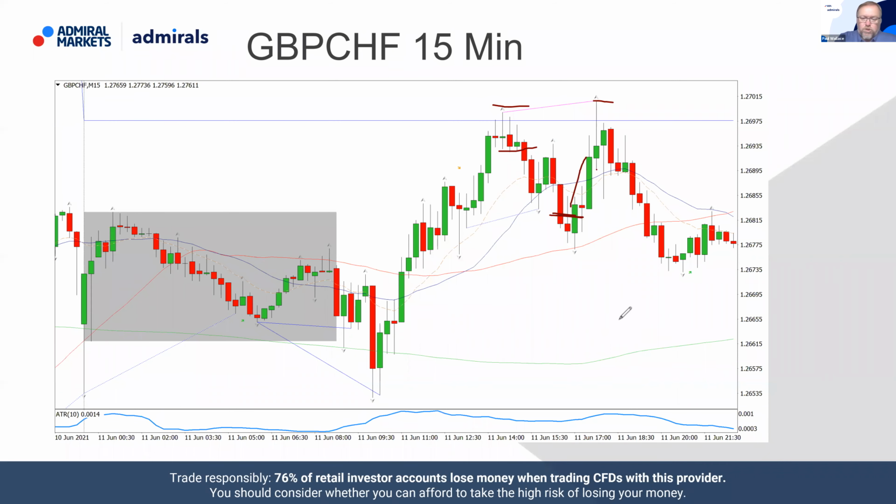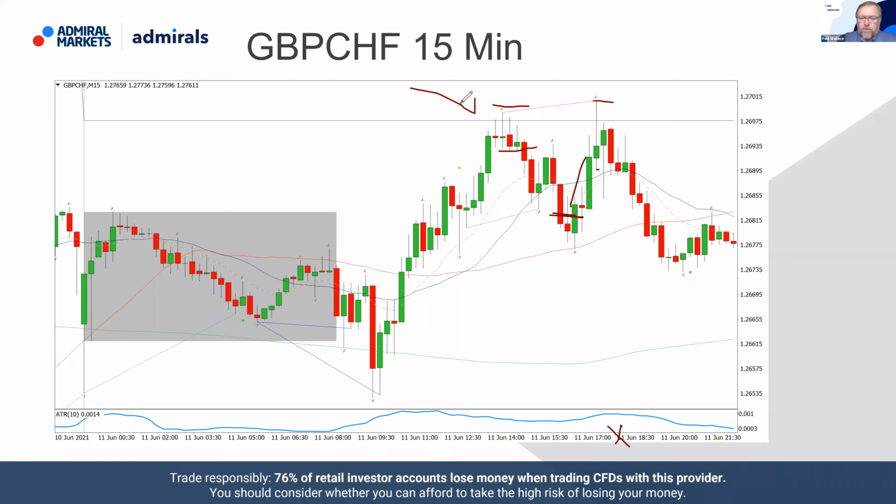In a way that was also valid, but by this time of the day, pound against Swiss, from about 5 o'clock onwards, when I'm intraday trading, I'm done for the day, or if I am trading, I'm looking at the US indices then. But this one, getting towards the US Open, traded up to the previous day's high, puts in quite a few rejection candles and pin bars before it rolls over and falls away.